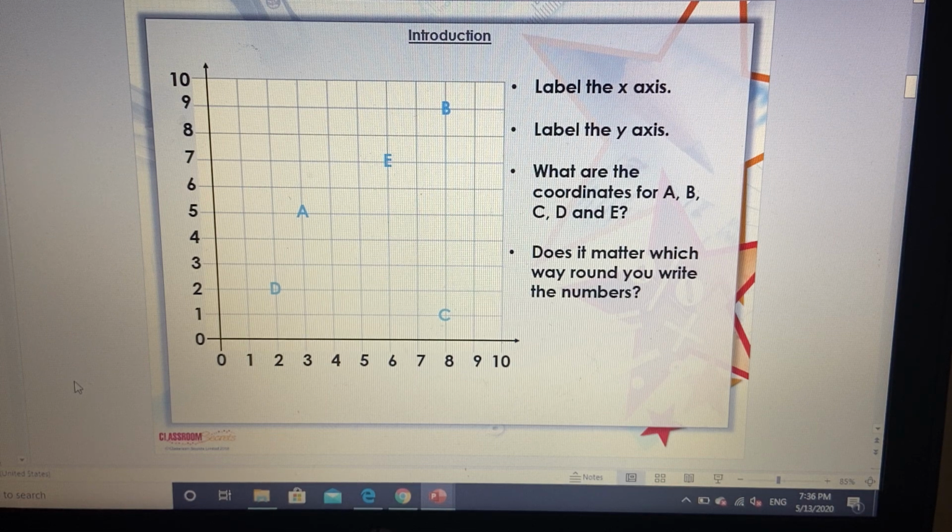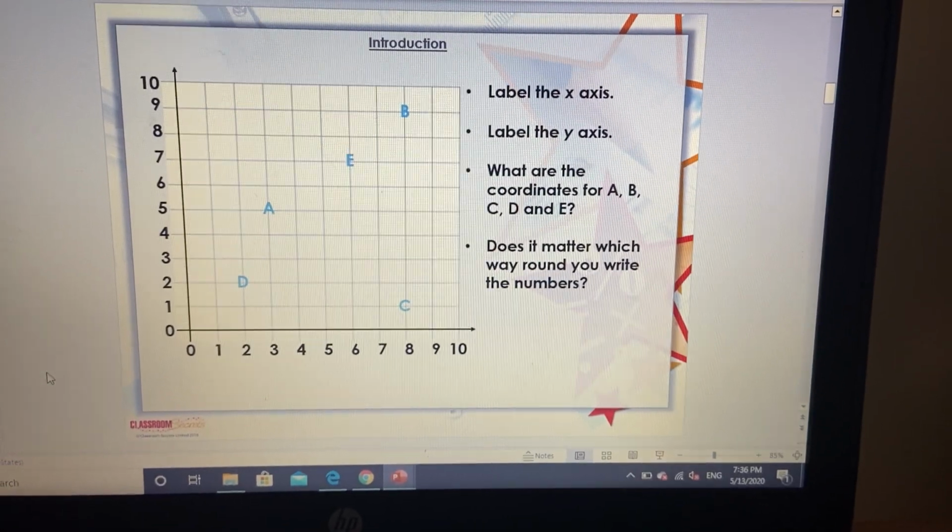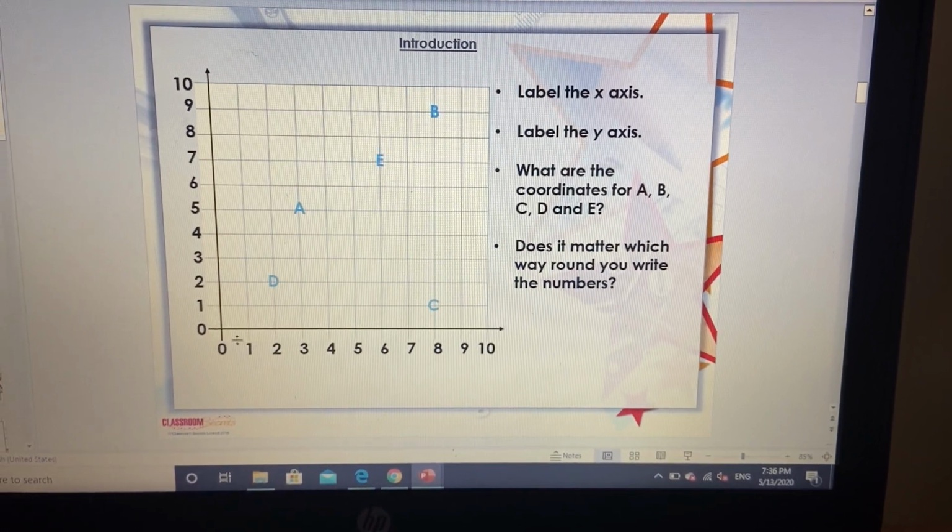So the first step says label the x-axis. Well, actually the x-axis is this line that runs along the bottom. So if I draw a text box, I can pop an X in there.